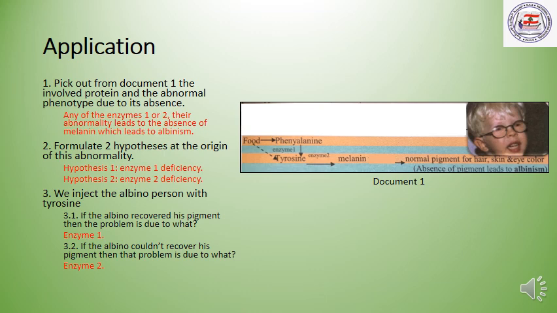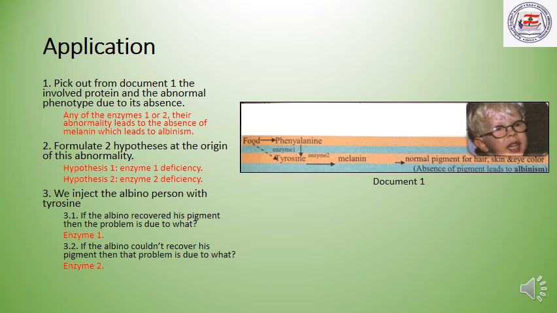So hypothesis 1 would be enzyme 1 deficiency. Another very good hypothesis can be set, which is enzyme 2 deficiency, as also enzyme 2 has a huge role in producing melanin pigment.